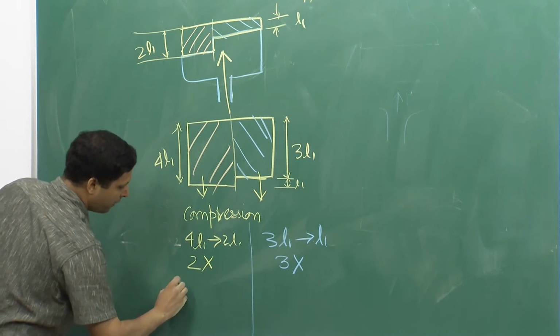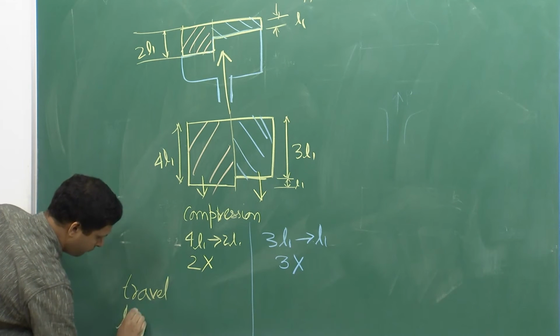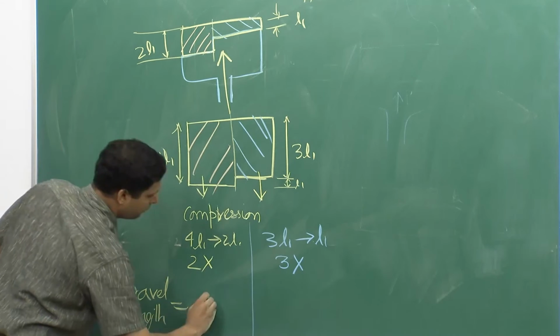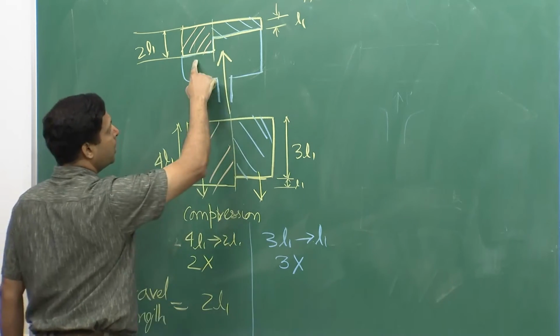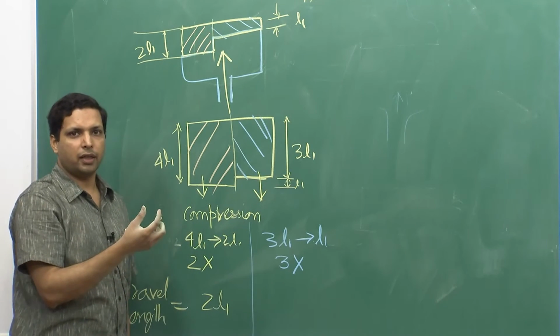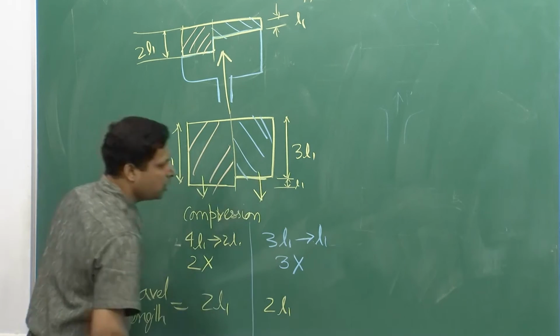So, the total travel length is 2 L1. You can look at over here or over here. So, it goes from 3 L1 to L1. So, the distance that it travels is 2 L1. So, in both the cases travel length is 2 L1.